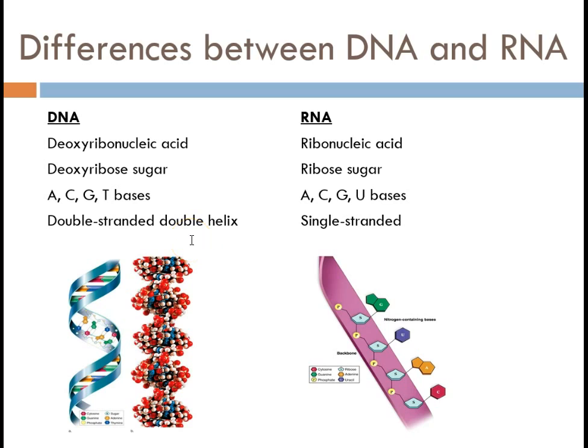But the biggest difference is that DNA is double-stranded and RNA is single-stranded. Also, RNA is temporary. RNA lasts about 20 minutes in the body, where DNA, kept under the right conditions, could last for decades.